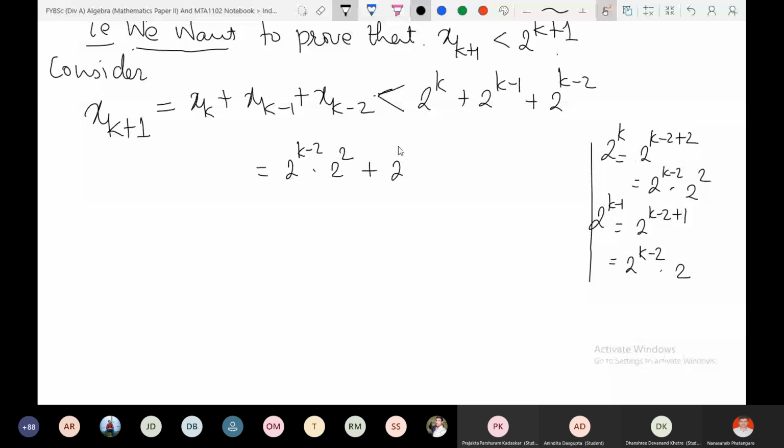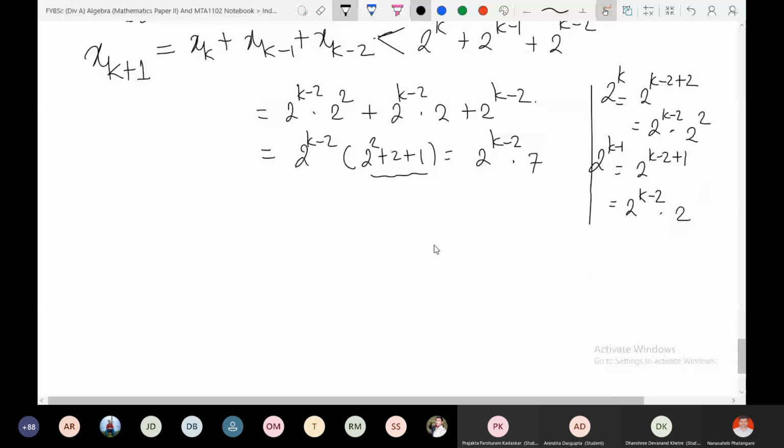So 2 raised to k minus 2 into 2, and 2 raised to k minus 2 as it is. Fine. Now what is common among all these three terms? 2 raised to k minus 2. Right. So 2 squared plus 2 plus 1, which gives 2 raised to k minus 2 times 7, because this bracket is 4 plus 2 plus 1, which is 7.